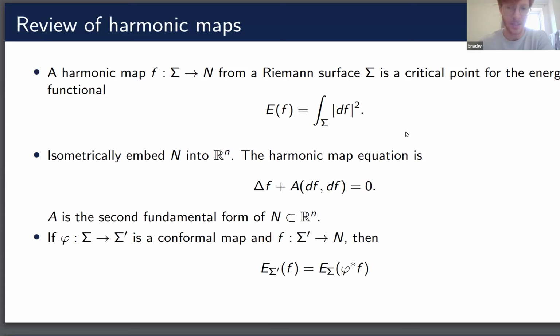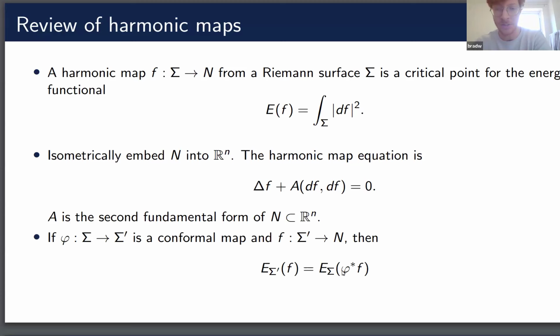And then the last fact to remember is that if you've got a conformal map, which pulls back the metric on one surface to a positive function multiplied by the other metric, and you've got a harmonic map, then the energy is conformally invariant.